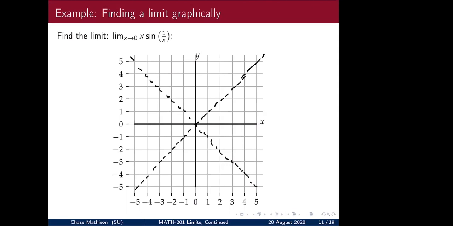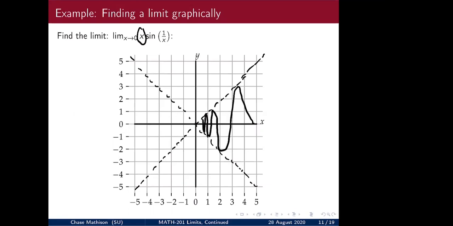This function, instead of oscillating between plus and minus 1, because I'm multiplying this by this x here, will oscillate between these two lines here, plus or minus x, okay? And so this function is going to look something like, again, this is a sketch.